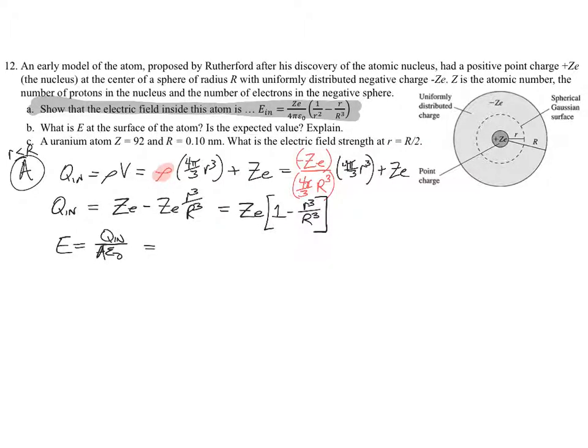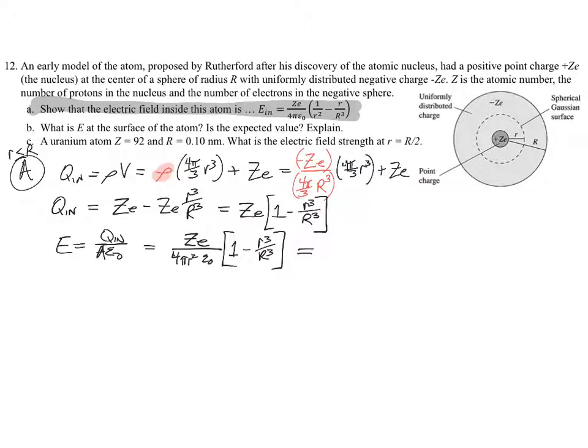And of course, we're going to have our Ze then times all of this stuff here, and then the area and epsilon naught, so we have 4 pi r squared epsilon naught.